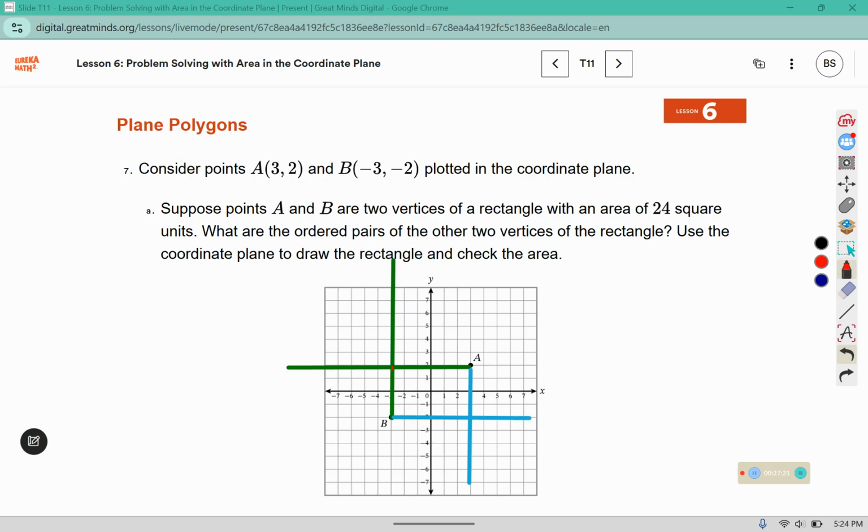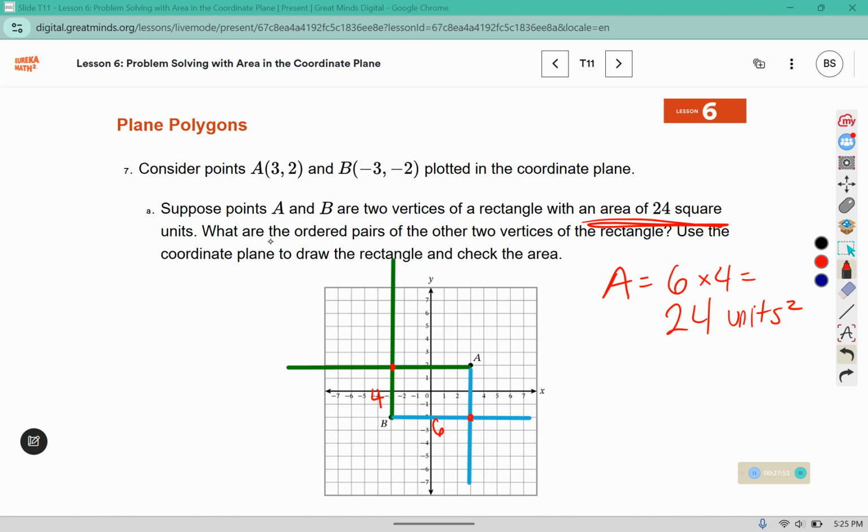So I've created this rectangle here in the center. It has a height of 4 and a base of 1, 2, 3, 4, 5, 6. The question said it had an area of 24. For a rectangle, we do the base times the height to find its area. Is 6 times 4 24? Yes, it is.